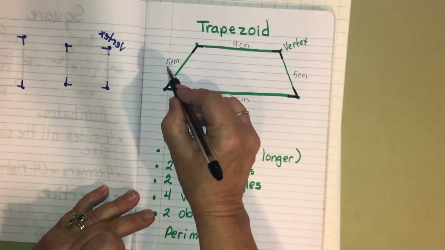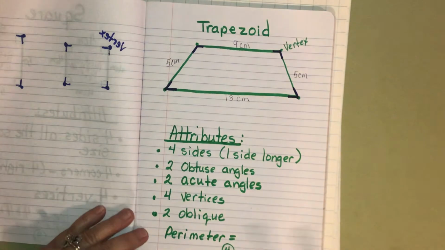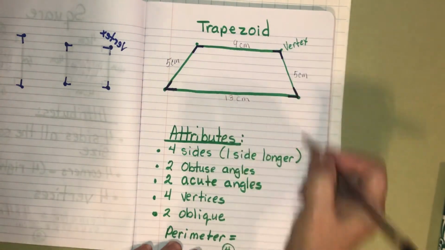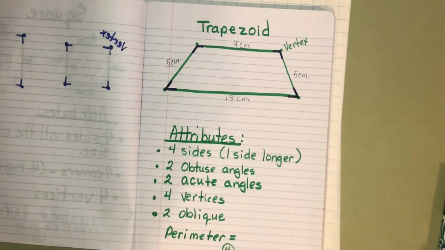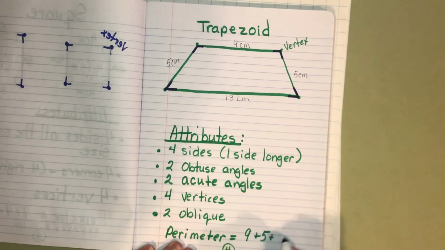Still a trapezoid. Go ahead and write your numbers, and then we need to add them all. So we're going to write 9. Let me go back to my marker so you can see. For me, my numbers are 9 plus 5 plus 13 plus 5.